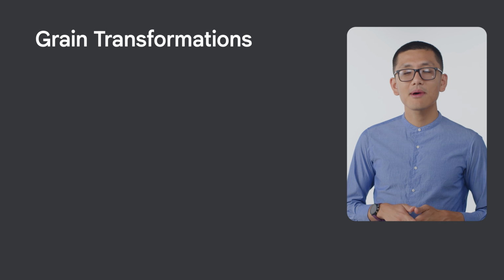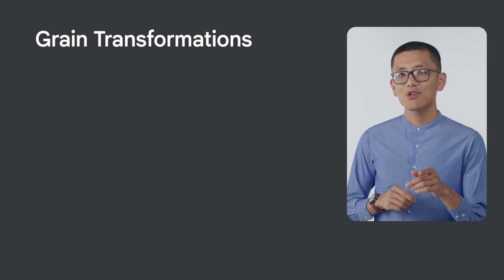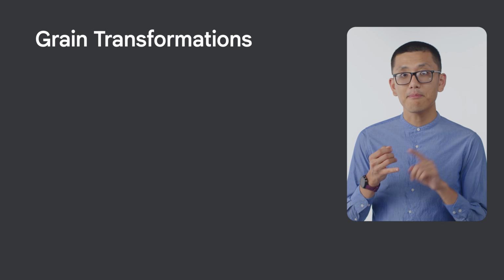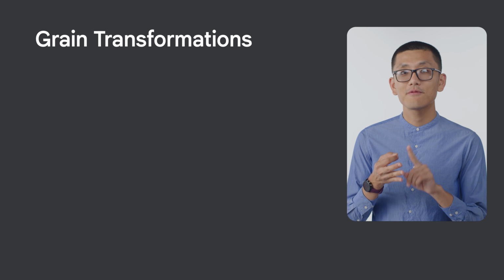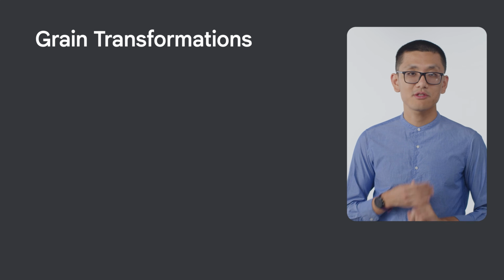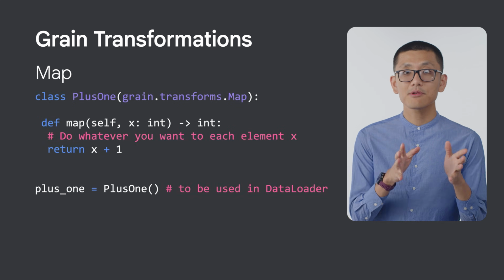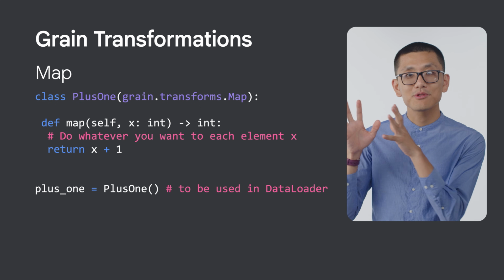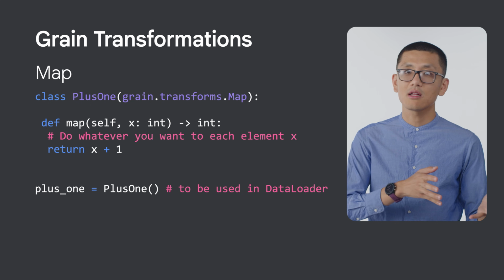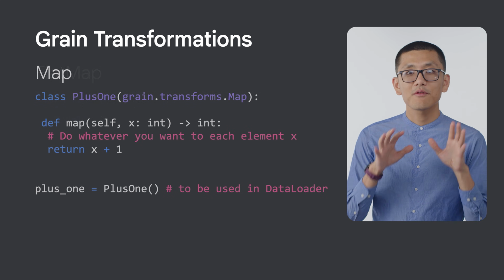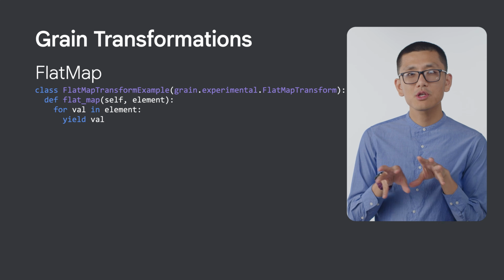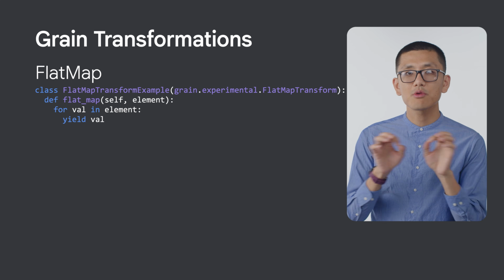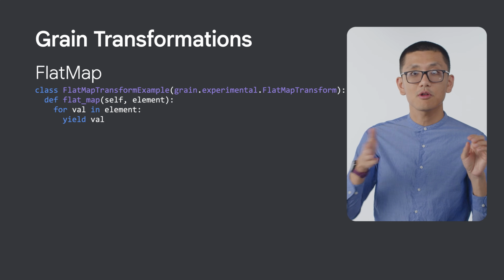Finally, it's time to talk about transformations. You'll probably be most interested in the map, flat map, filter, and batch transformations. The map transform does exactly what standard Python map does. It maps your custom function to every element of your dataset. Flat map, on the other hand, is for when you want to split up individual elements of your dataset into smaller pieces.